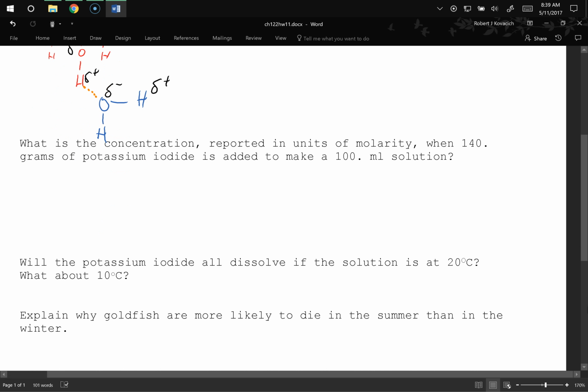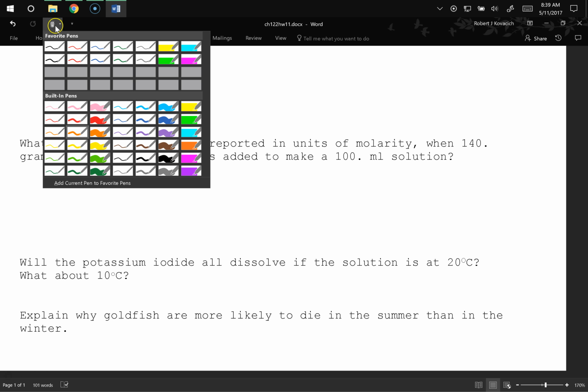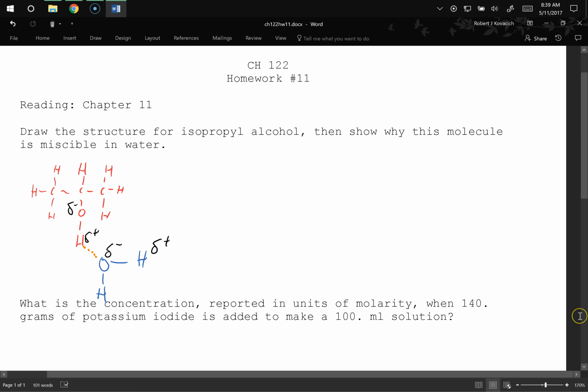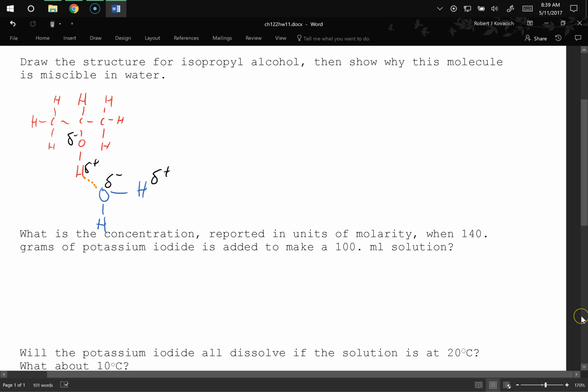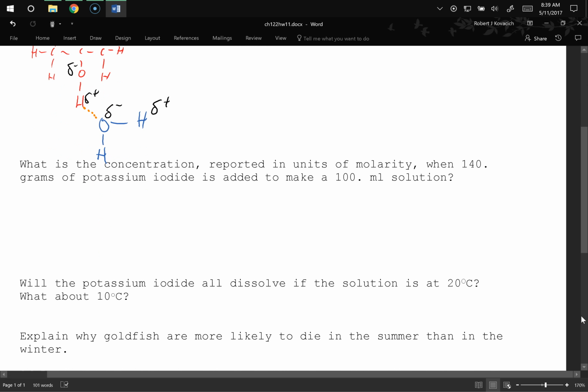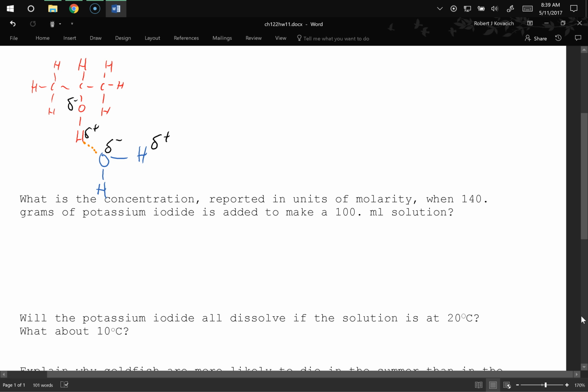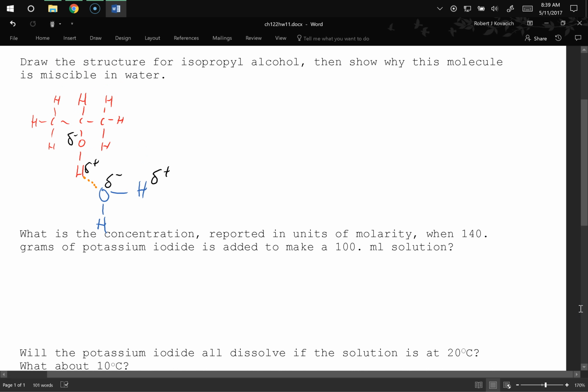What is the concentration according to molarity? Okay, so I don't. Say again? Louder. Hydrogen bonding is the reason, and no, the two hydrogens.